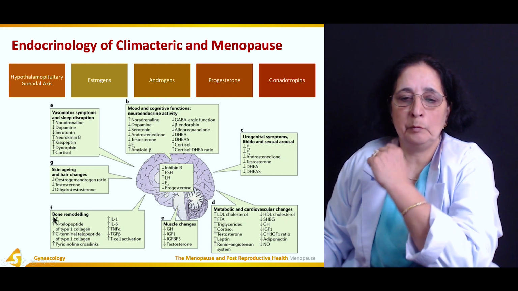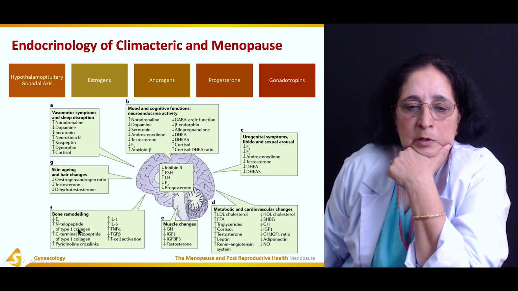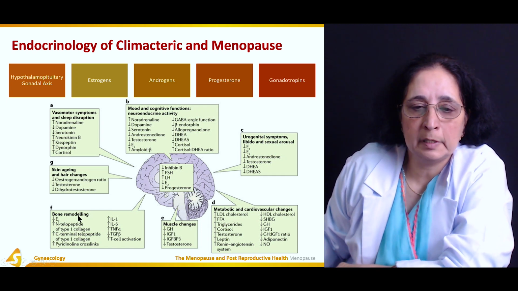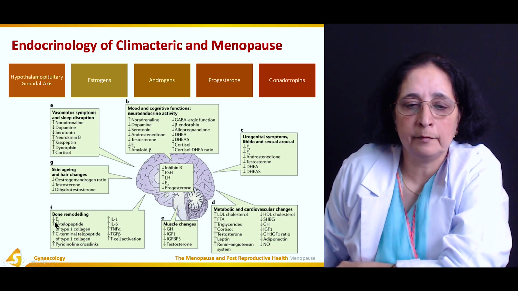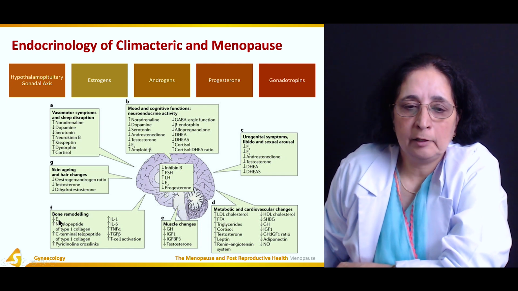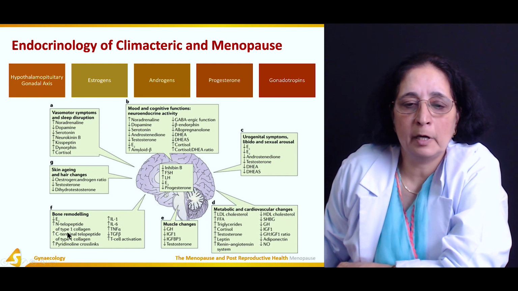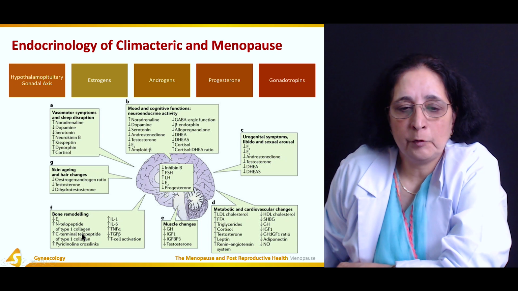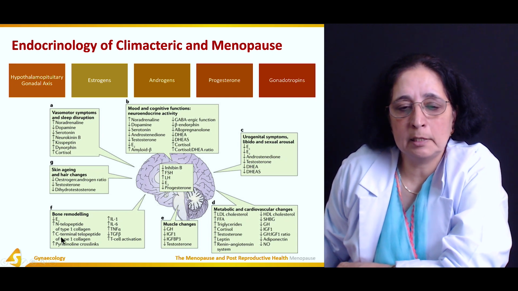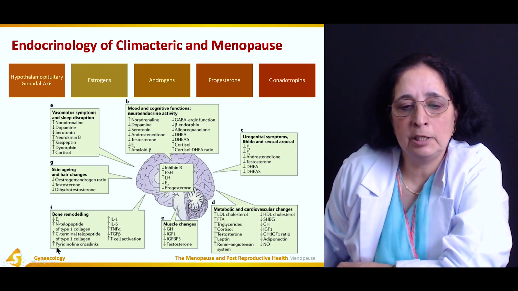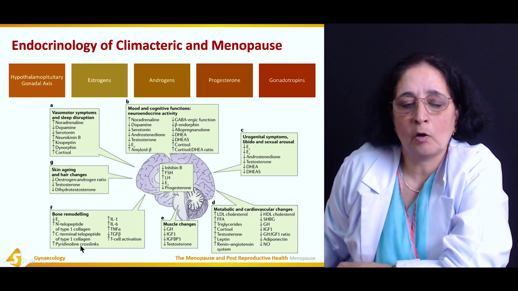If you go to the bone, it is also affected after menopause because there is a decrease in the level of estrogen. With decreased estrogen, there is an increase in the telopeptide of type 1 collagen, an increase in C-terminal telopeptide of type 1 collagen, and an increase in pyridinoline crosslinks.